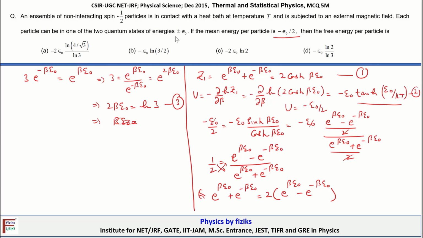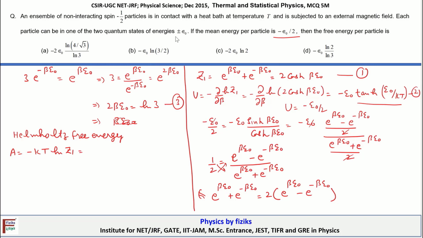Now the Helmholtz free energy is given as A, that is equal to minus kT ln Z1, because we are evaluating the Helmholtz free energy per particle, which is why we use the single particle partition function.